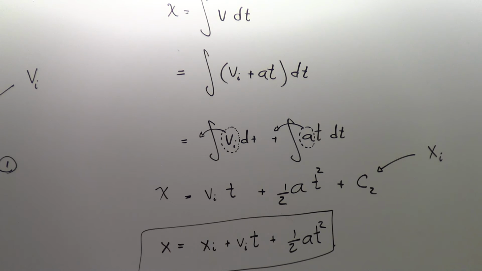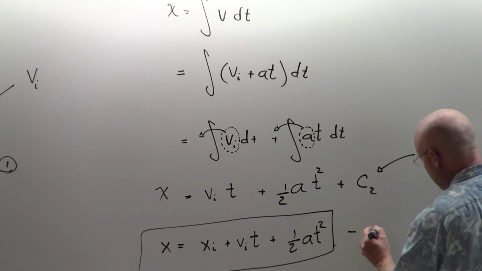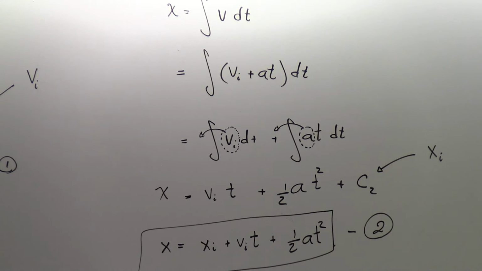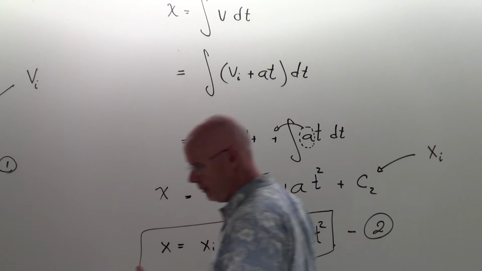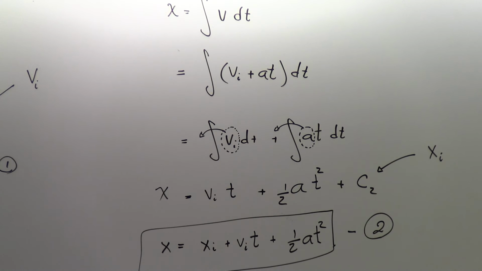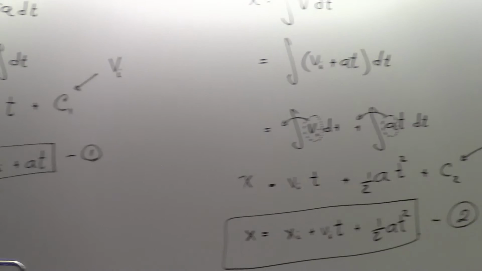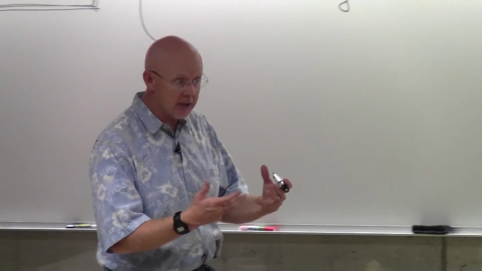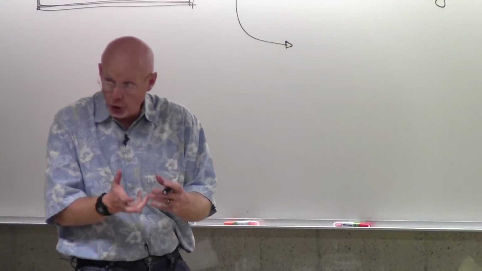And so that, putting it in the same order as your author, is equation number 2, if you will. And I'll just refer to it as equation number 2. Technically, it's a little more than that. It's equation 2 for kinematics. It's also only valid for constant acceleration. So it's the kinematics constant acceleration equation 2.